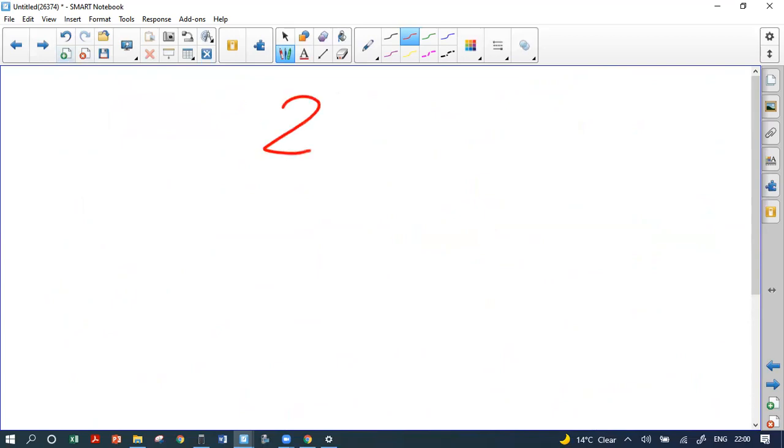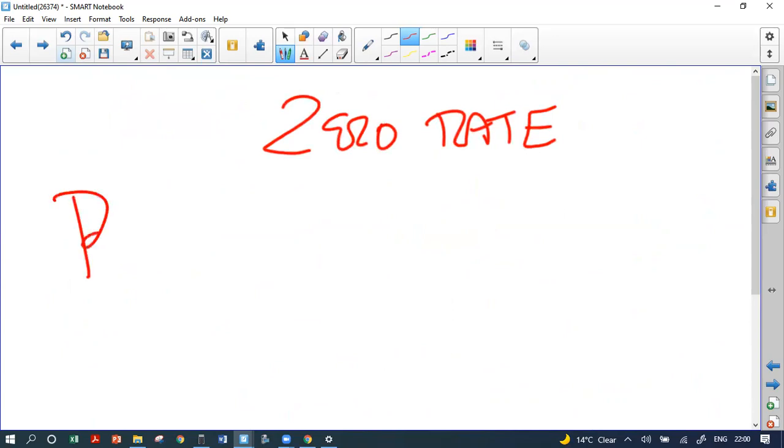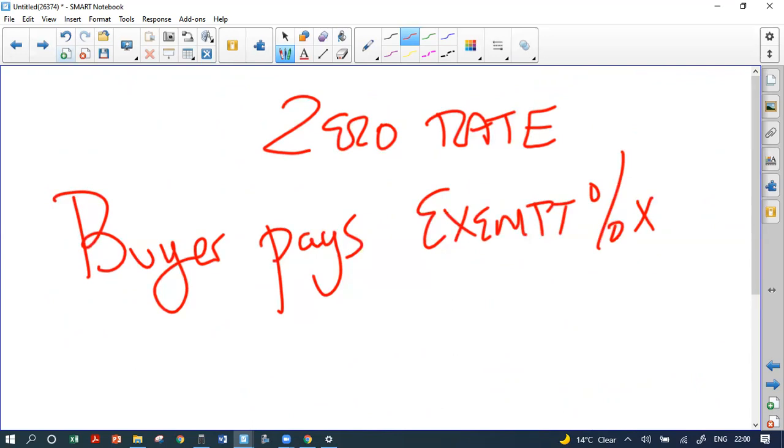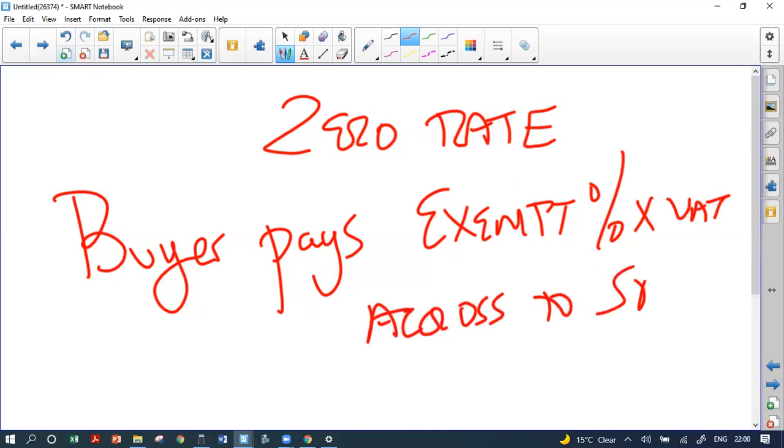So what you should understand is when you zero rate a going concern, the buyer pays the exempt percentage times the VAT that would have been charged across to SARS.